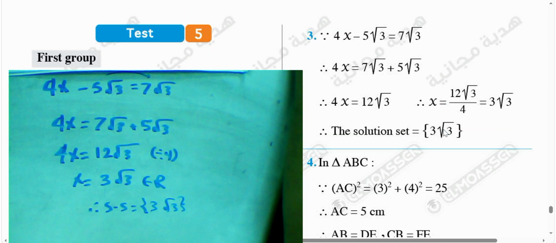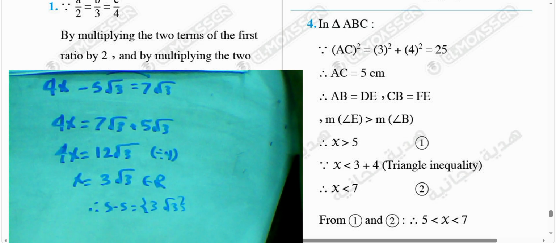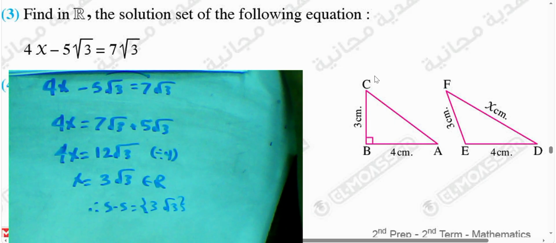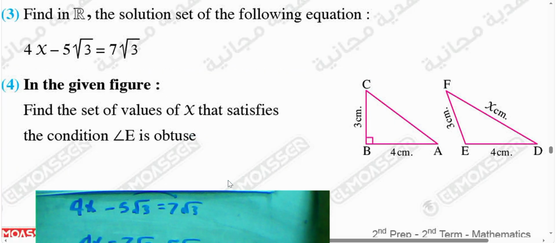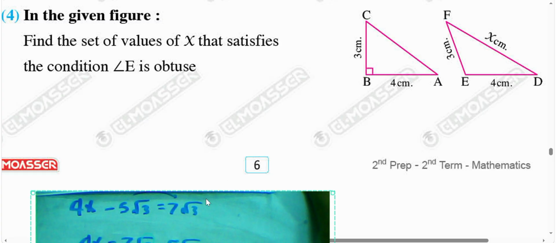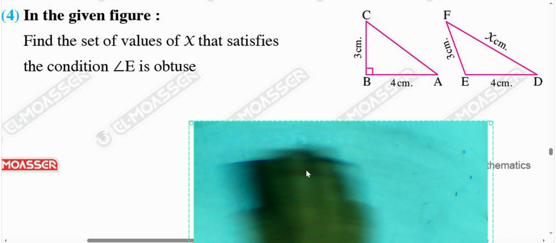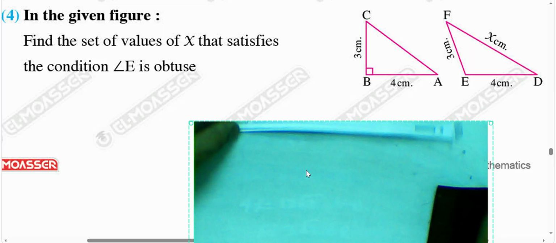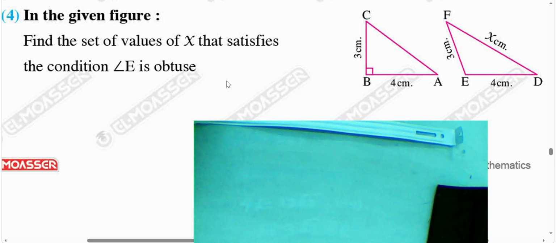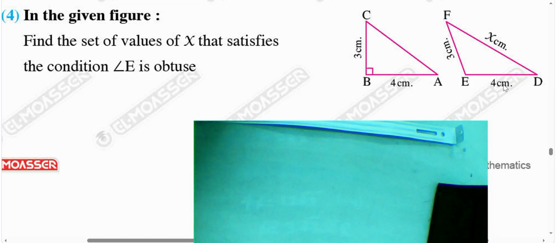Okay, the solution here. Next question, he gave me two triangles here, and he wants to find the condition of angle. Okay, who can tell me the example? He wants to find the set of values satisfying the condition angle E obtuse. If angle E is obtuse, then x will be greater than 3.